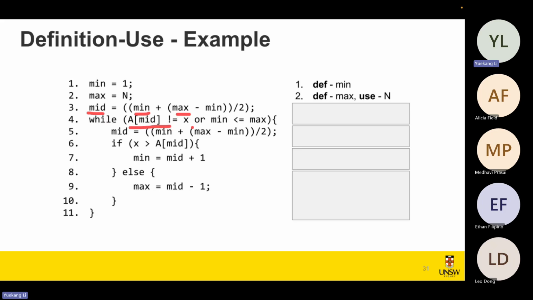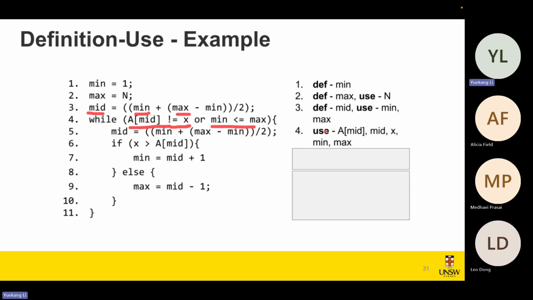It is actually a use of A, right? Because it's not a declaration of a variable. It's not a value assignment, right? So A is just used here. It's not defined here. And the same goes for min and max. So we have the definition of mid. We have the use of min and max. So sorry, I think the first line is here. Yeah. So for the first line, we have no definitions and we only have uses.